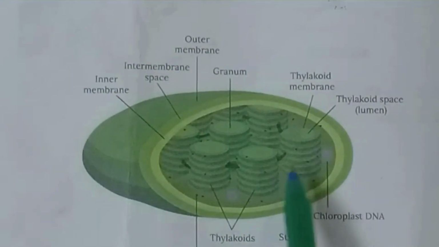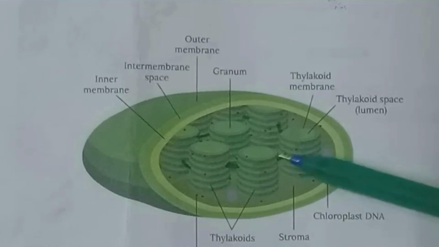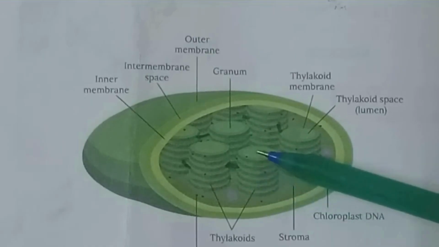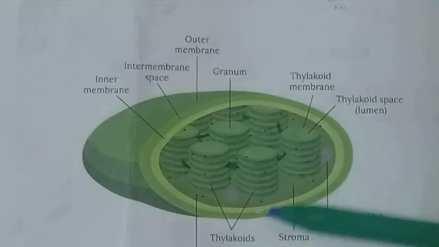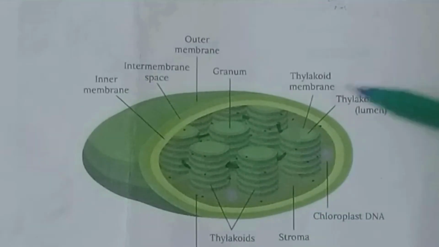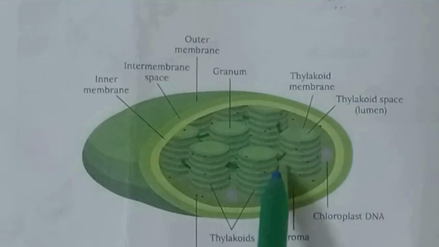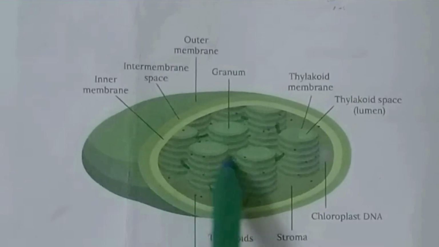Inside the inner membrane, the fluid-filled space is known as stroma, which contains a number of flattened membranous sacs known as thylakoids, and these thylakoids are arranged in stacks like piles of coins known as grana, singular granum, and these are also known as integral thylakoids. And thylakoids of different grana are connected with the help of tubules known as stroma lamellae.